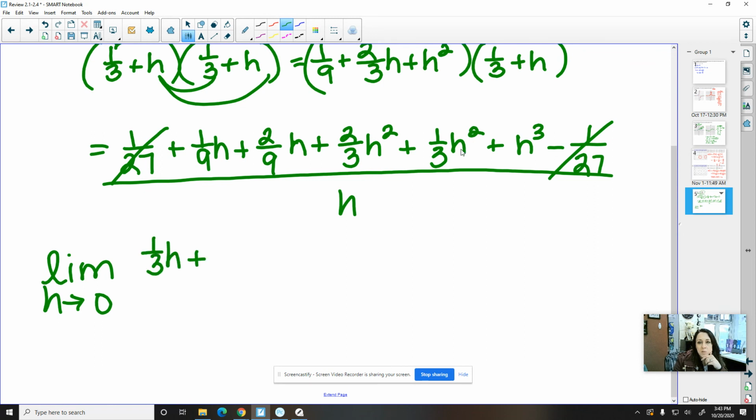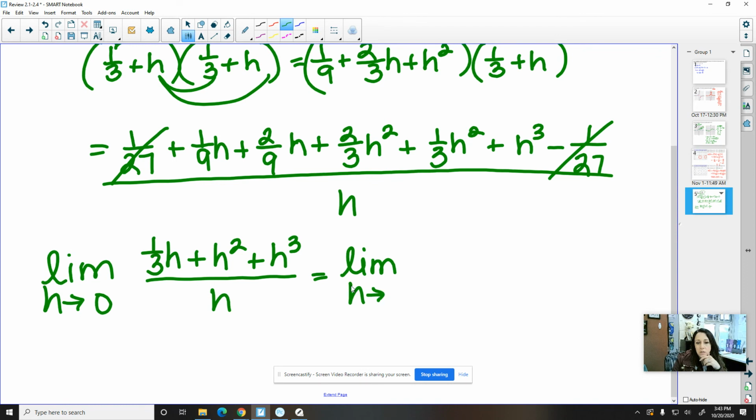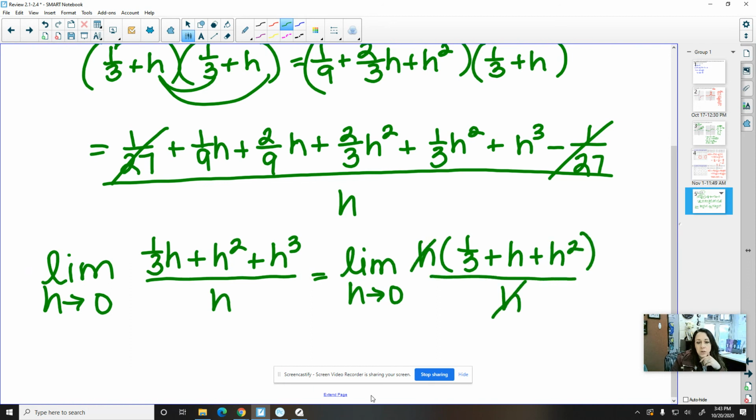H squared, 2/3 plus 1/3 is just 1. And then only an h to the third term over h. And this is good because I do see that there is an h I could factor out of each item on the top. So I have 1/3 plus h squared, and then I can cancel the h on the bottom.